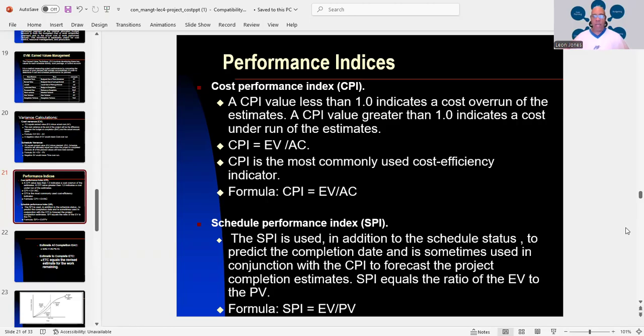So basically, SPI equals the ratio of the EV to the PV.